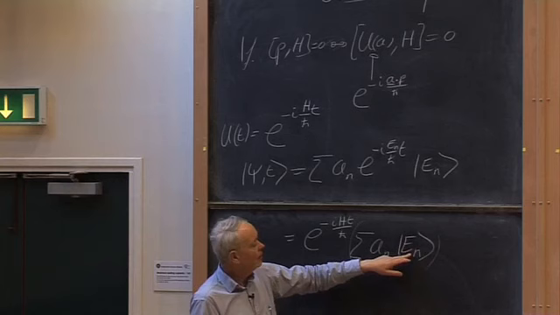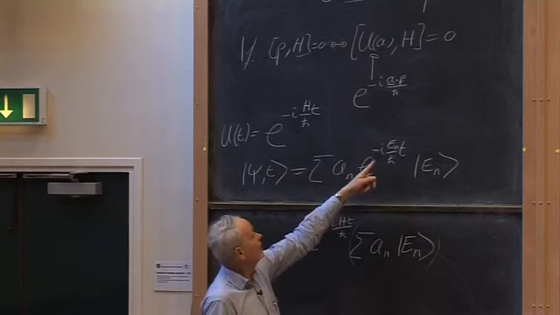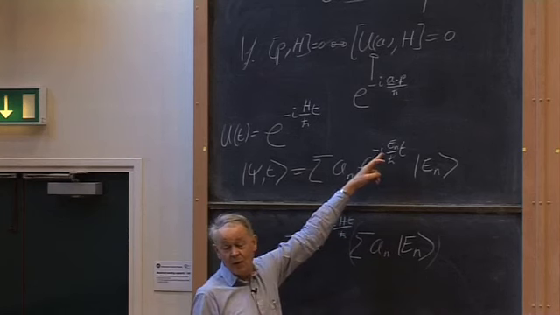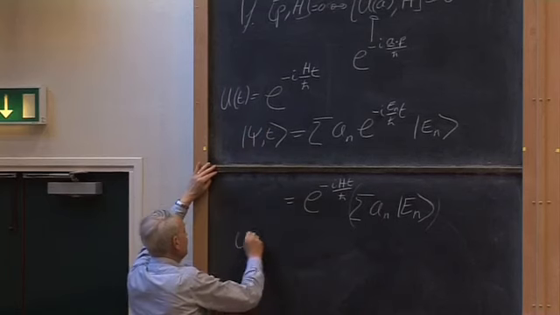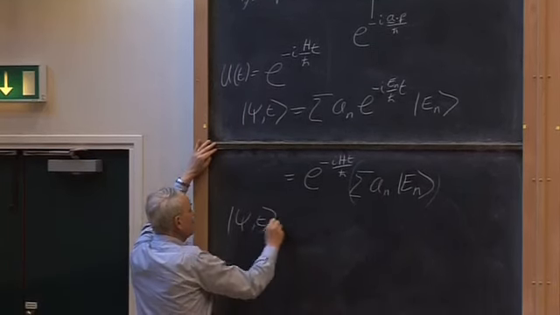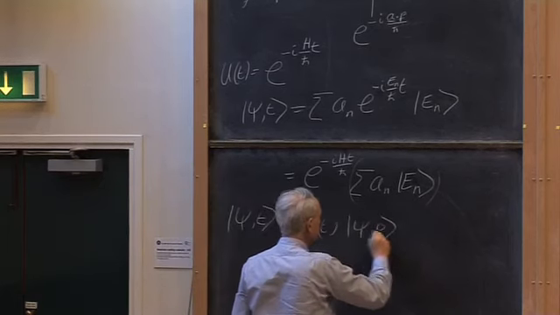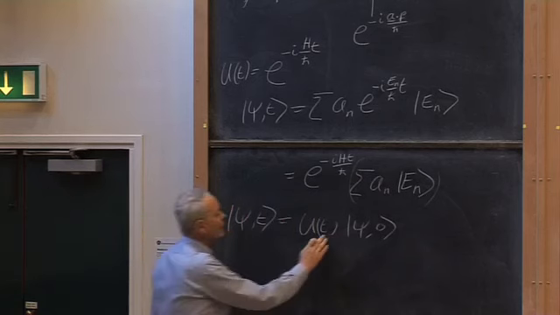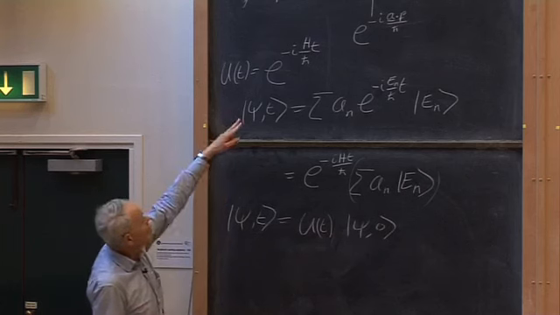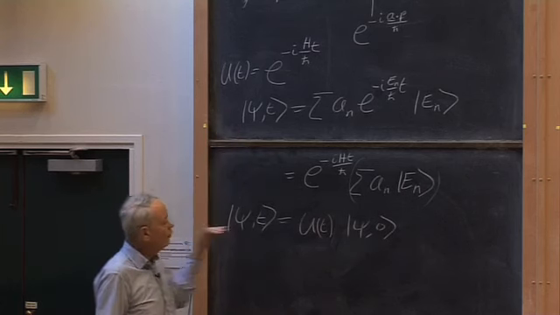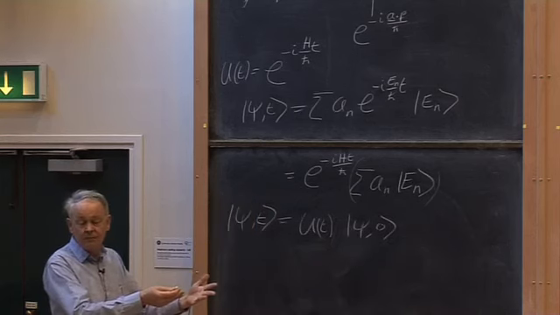It returns |E_n> times the number E_n, and there you go, you have that. So this operator, U of t, is a crucial operator. It's the thing that evolves any state forward in time. This is nothing new. This is just a repackaging of old results. So the unitary operator associated with the observable time moves you forward in time. It carries you from today into tomorrow, or whatever.